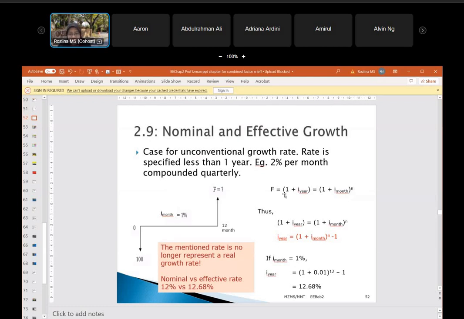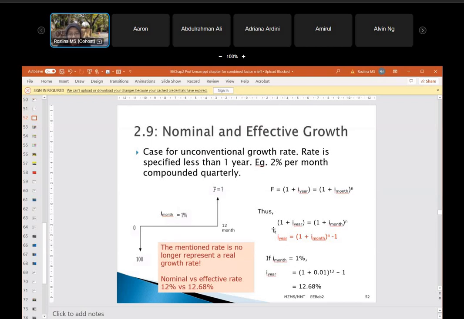So when we use this equation, we continue with 1 plus i year. You just bring the left to the right, move everything together.